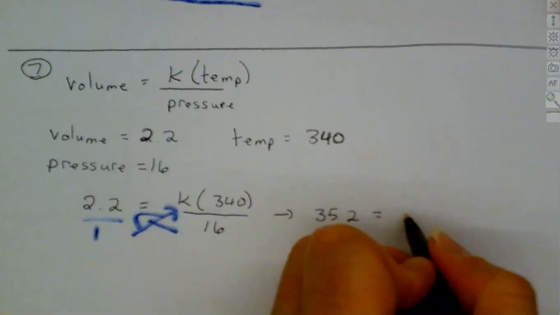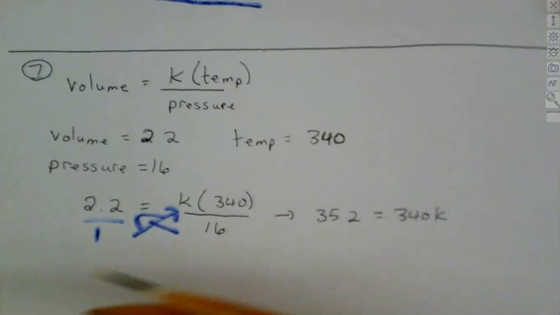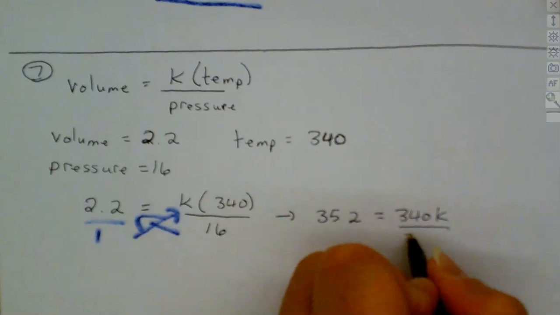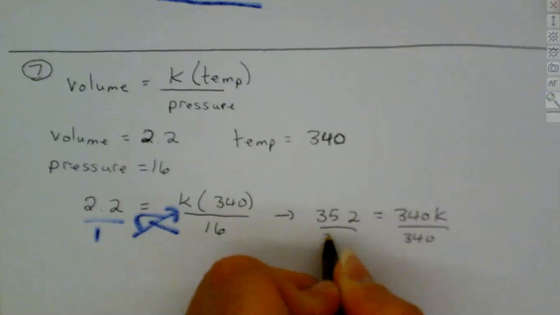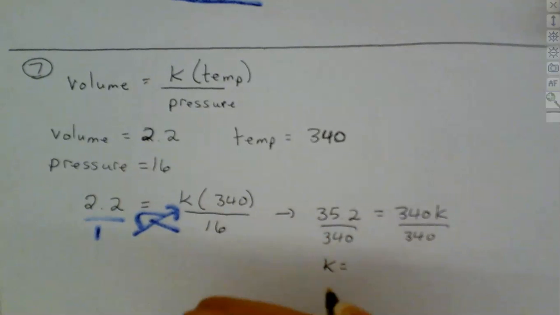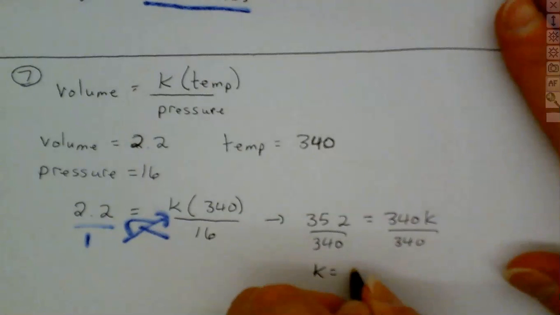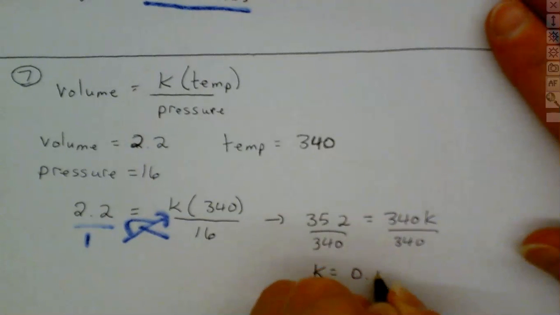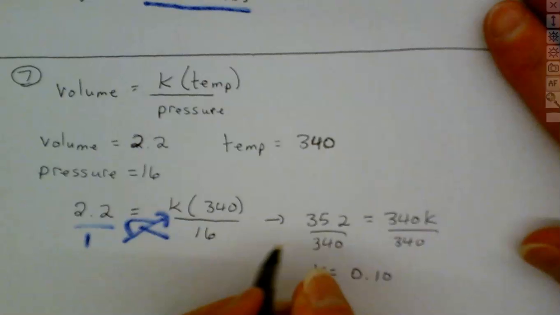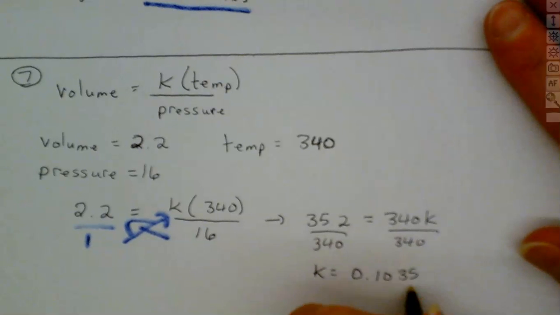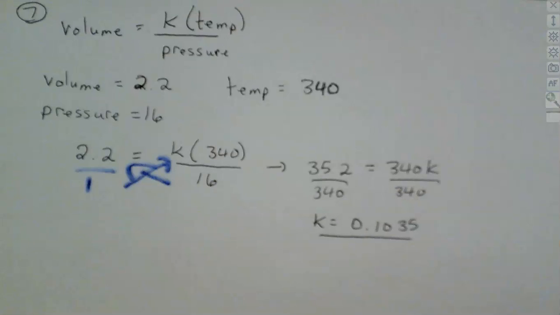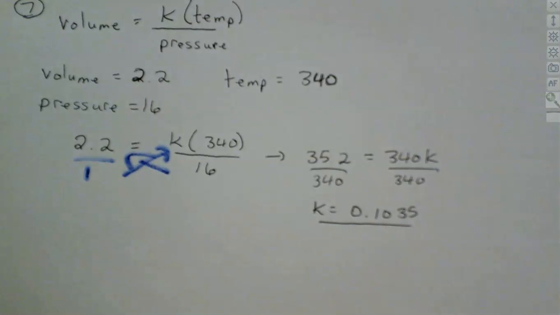And that is going to equal 340K. Divide by your 340. And so my constant K is now, we'll take it out to 3 places. That should be more than enough. My constant K is 0.1035. Okay, 4 places should be more than enough. You could probably get by with 3, but I'll go ahead and write that out to 4.